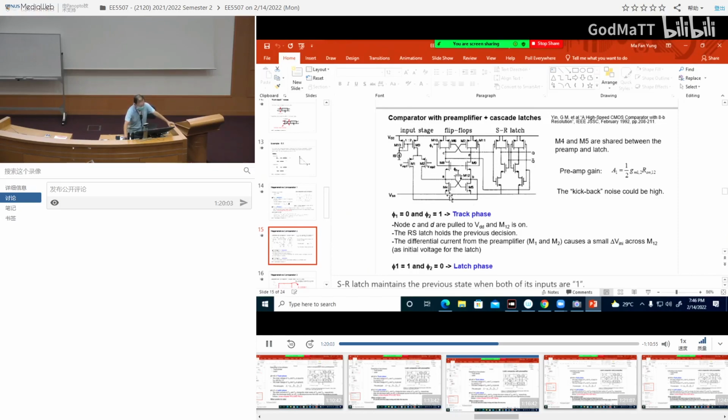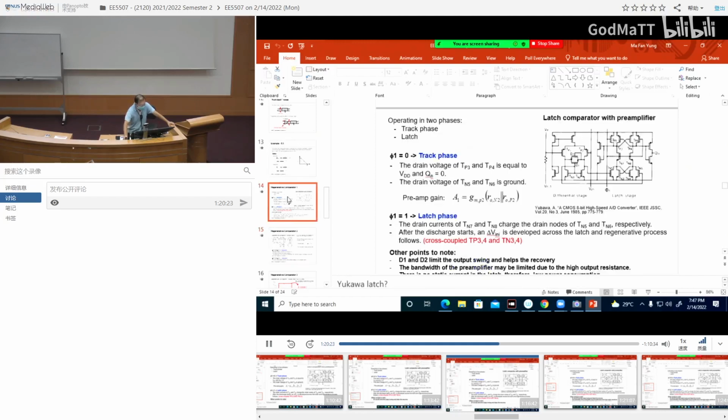So preamplifier input, preamplifier load, M4, M5. And then here is a circuit that we should be very familiar with. This is the latch circuit now, except that you don't need the two inputs here because the preamplifier is connected directly to here. The preamplifier has its own load, and the load drives the input side of the latch circuit.